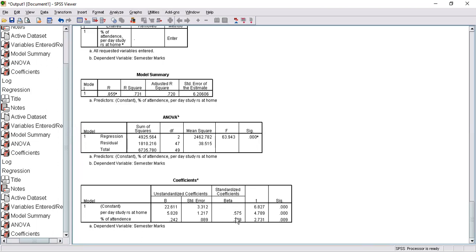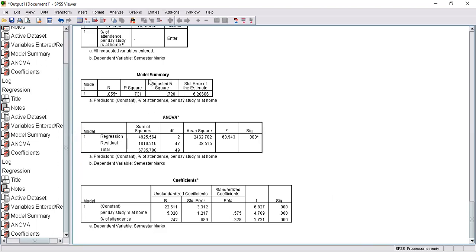Here, the data is converted into a standard normal variate so that it becomes unit free, and now you can compare whose coefficient is larger. Since the coefficient of study hours is 0.57 and the coefficient of attendance is 0.32, we can say that attendance is affecting less in comparison to study hours. More of the heterogeneity in the marks of students is due to study hours, and my model explained 73% of the heterogeneity.